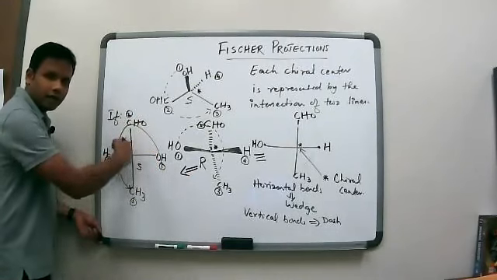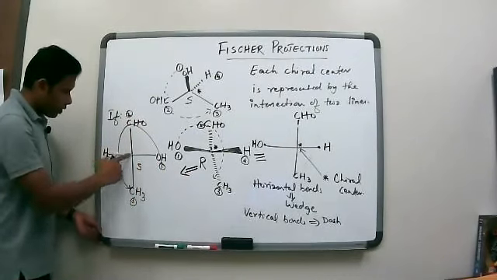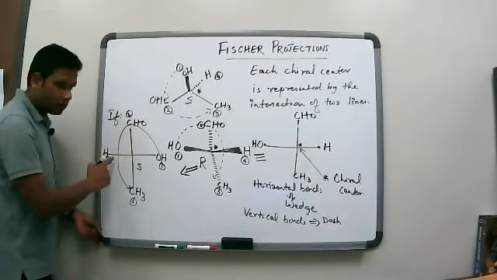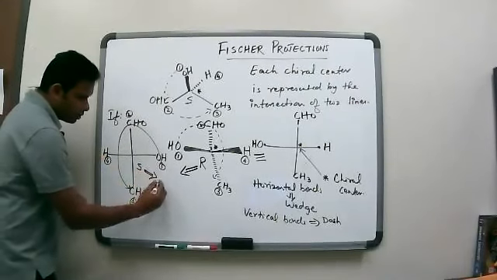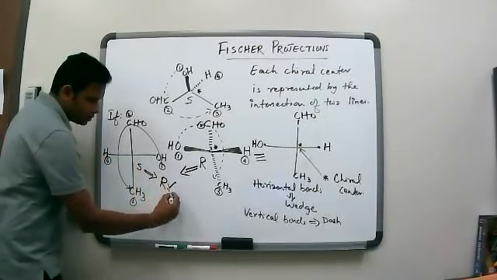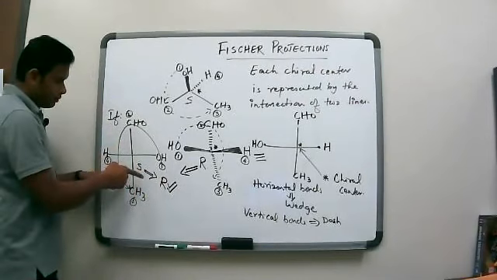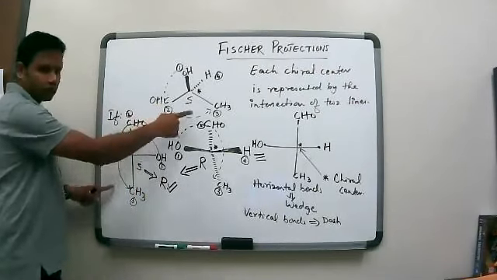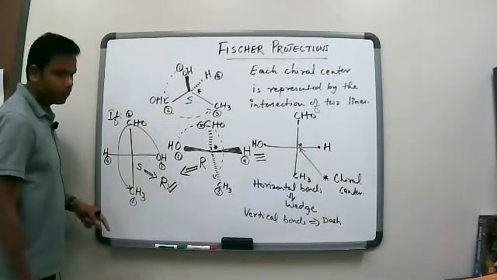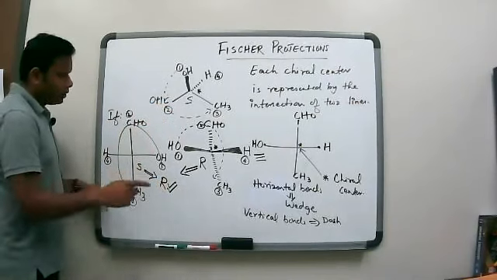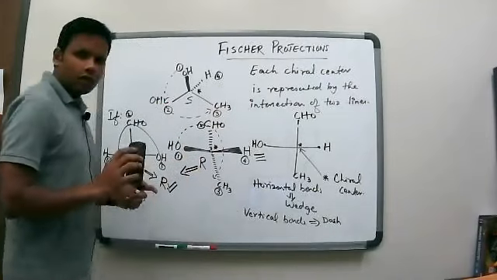It is an S, but the lowest priority group is on a horizontal bond, which is a wedge, so it's coming out at me. That means I should flip this, and the actual configuration is R. So what we've drawn here is not this molecule, but the enantiomer of that molecule because it's of the R configuration. Let me clean this up and draw it again so that we can talk about it a little bit more.